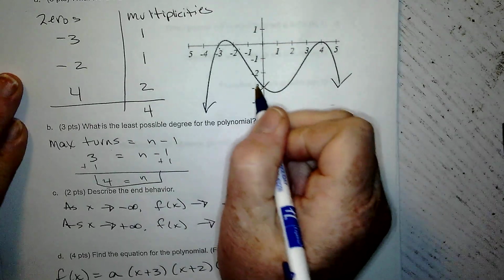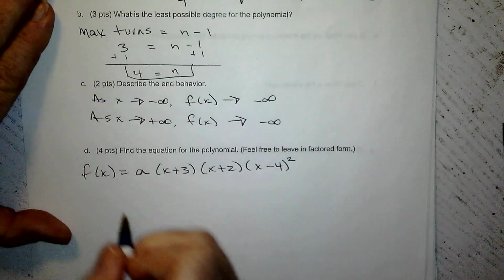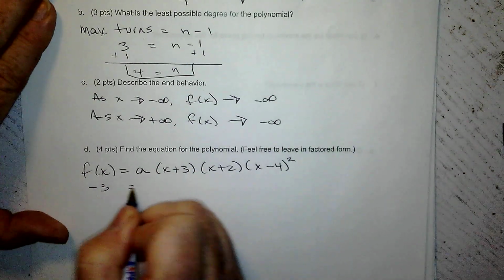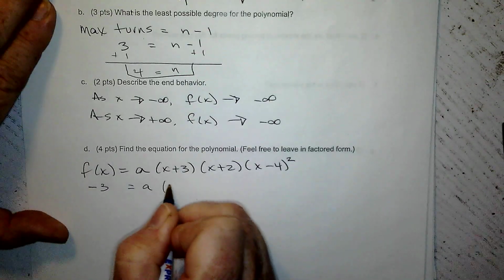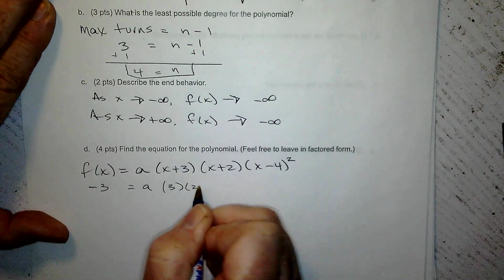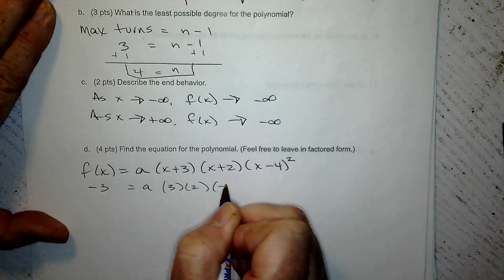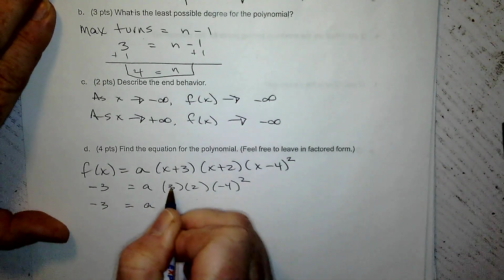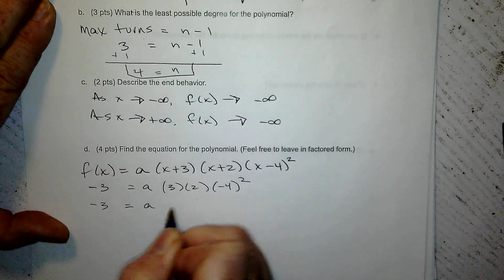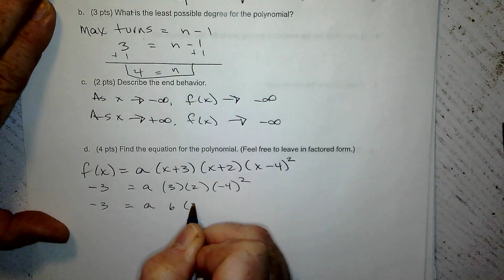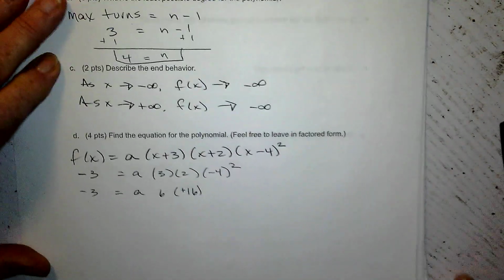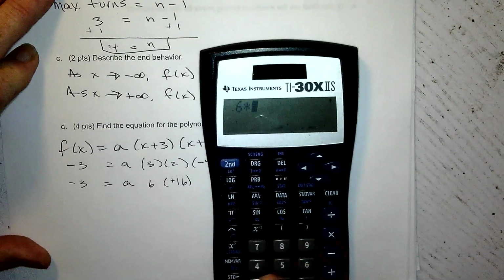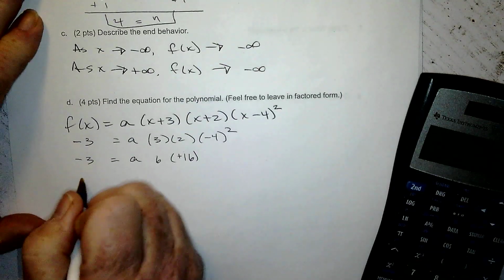Now to find our a, I'm just going to use the y-intercept, 0, -3. 0 plus 3 is 3, 0 plus 2 is 2, 0 minus 4 is -4 squared. Let's do this. 3 times 2 is 6 times, that's positive 16. So 6 times 16, 96.